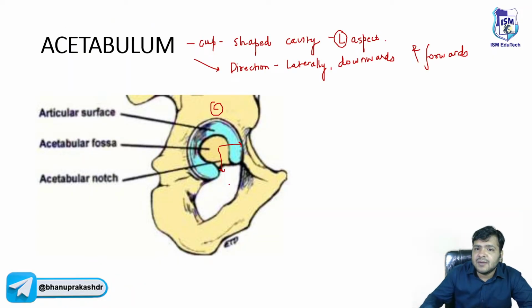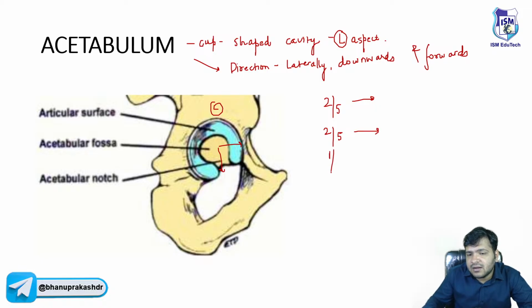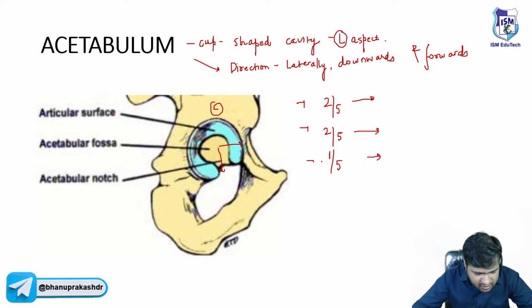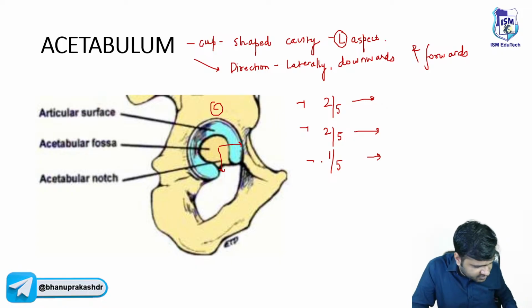Now the acetabulum: 2/5 part is contributed by what? And 1/5 part is contributed by which bone? So tell me. The acetabulum is contributed by the three hip bones. So you are going to tell me 2/5, 2/5 and 1/5. Quickly tell me in the chat box which one forms which.